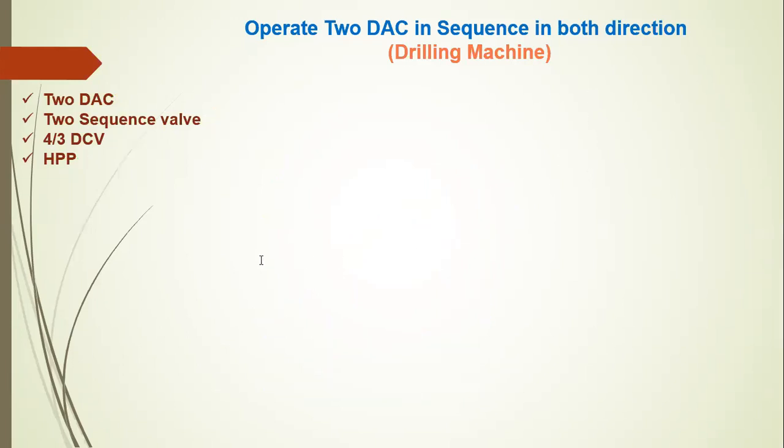First we start the drawing in the bottom side of the hydraulic circuit. Always remember, draw the hydraulic circuit from the bottom side. First draw the HPP, then the 4 by 3 DCV, then the 2 sequence valves, and then the 2 DACs.